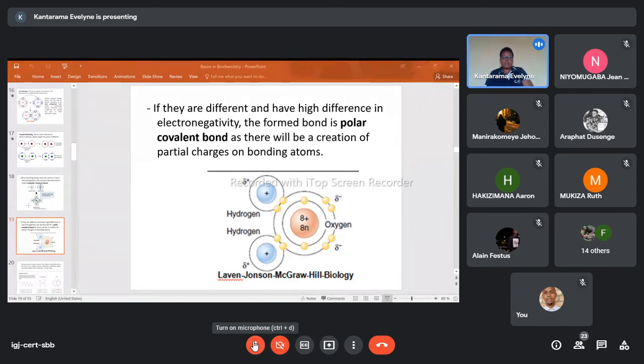Now, because carbon atoms possess 4 valence electrons, it can form 4 covalent bonds, and the molecules containing carbon can form straight chains, branches, or even links.